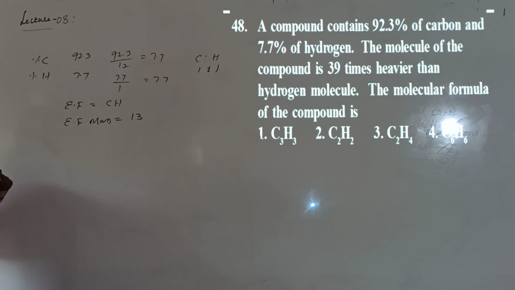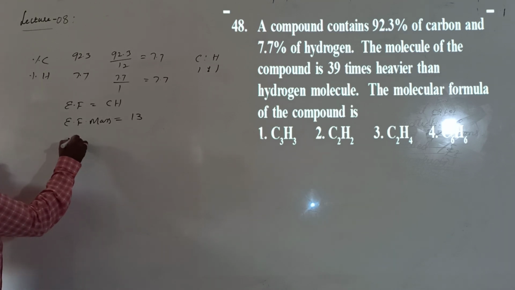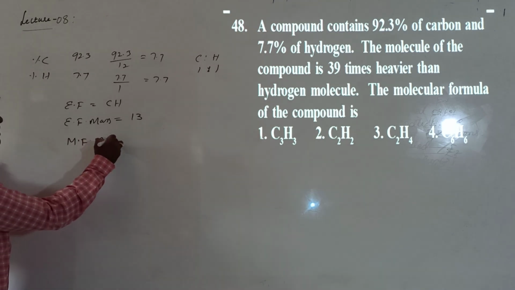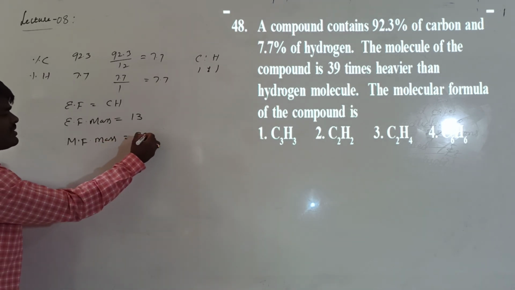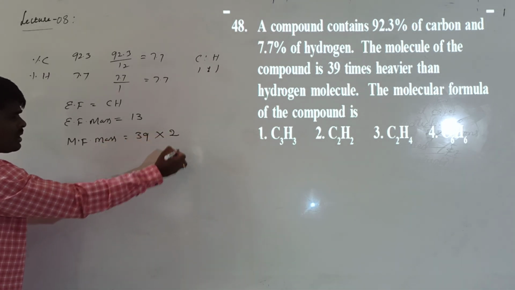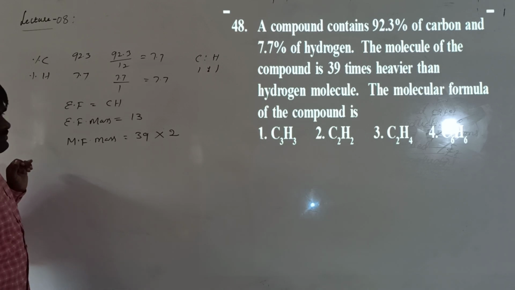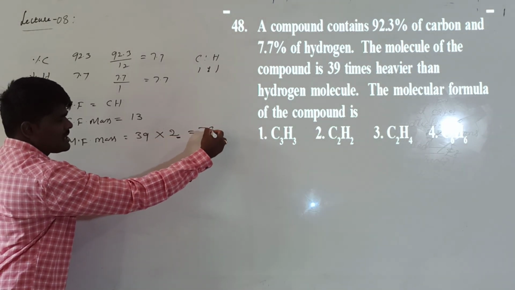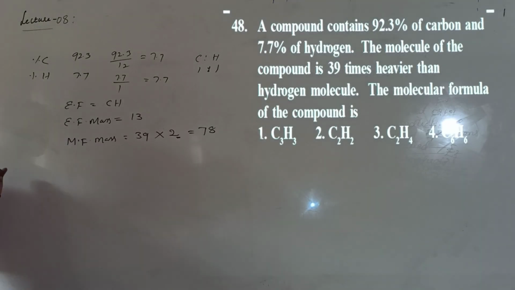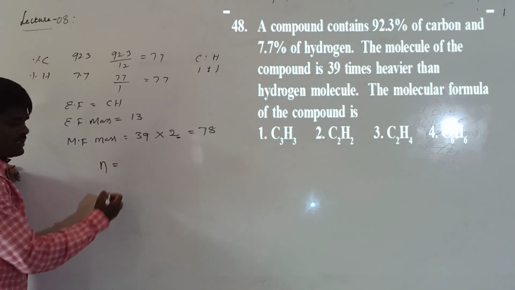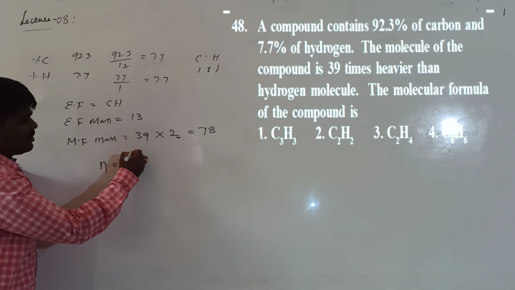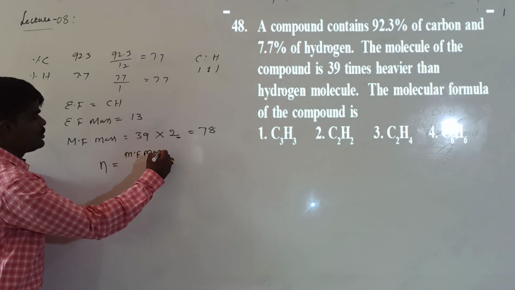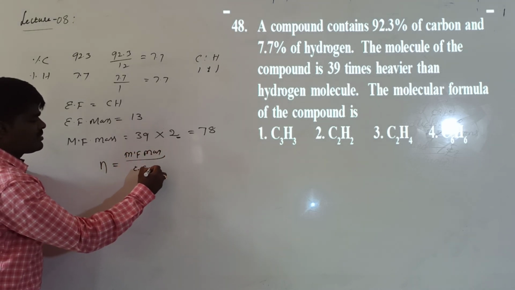And he has given the information regarding the molar mass. Molecular formula mass: he said that it is 39 times heavier than one molecule of hydrogen. What is the weight of one molecule of hydrogen? 2. So how much does it come to? It comes to 78. So from this, what can we calculate? We can calculate the ratio of molecular formula mass to the empirical formula mass.